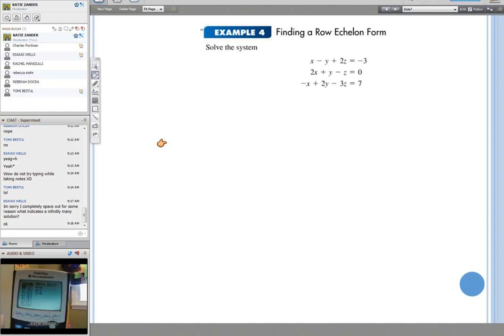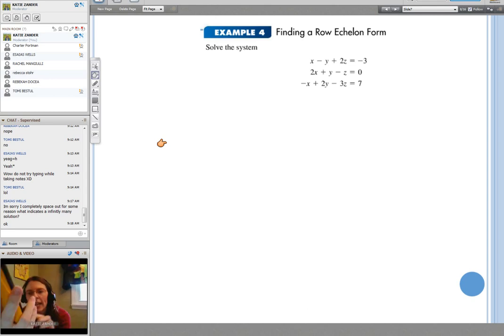So we are going to scroll over to the edit button. On the top screen here, using our arrows, I just went over until I got to that edit button. And I'm going to edit matrix A. We're going to punch in the augmented matrix for the problem that we see on the board.